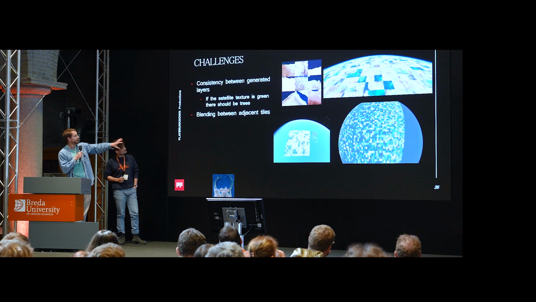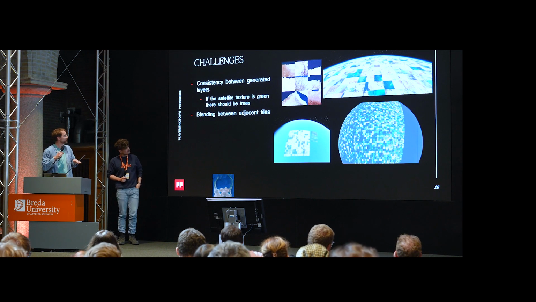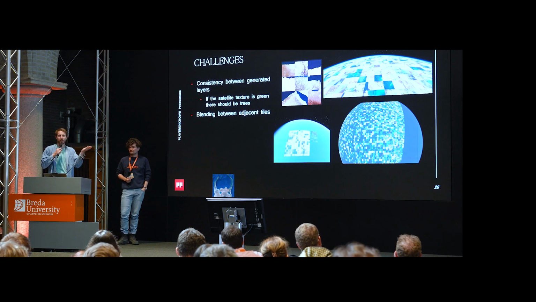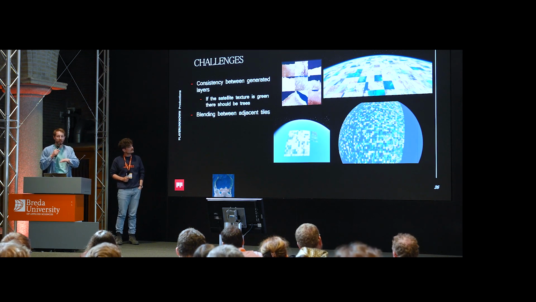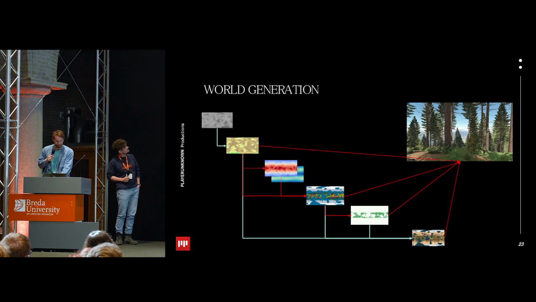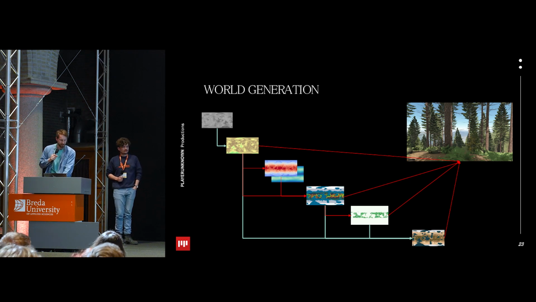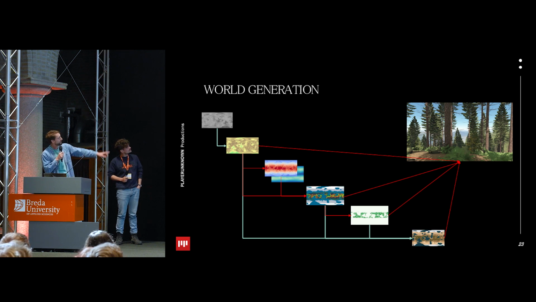And then on the bottom here is another point, which is we need to blend across tiles. These are single generations beside each other, and we need to blend between them so we can go to the full scale. And to do that, we have this unidirectional pipeline. We start off with that input contour to generate the height map.